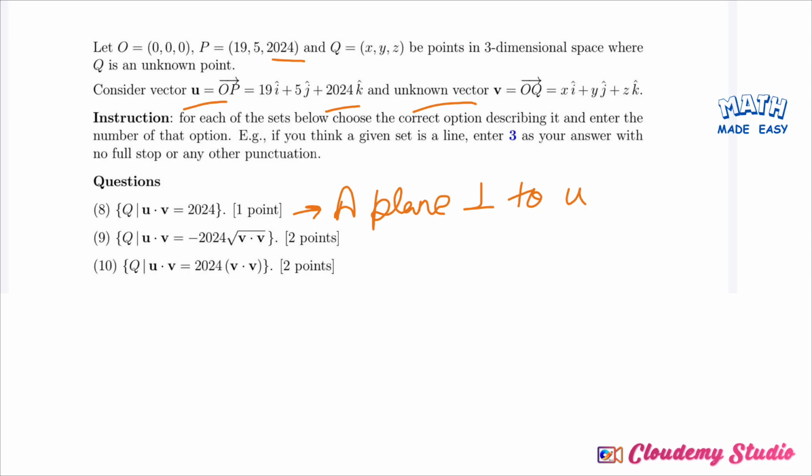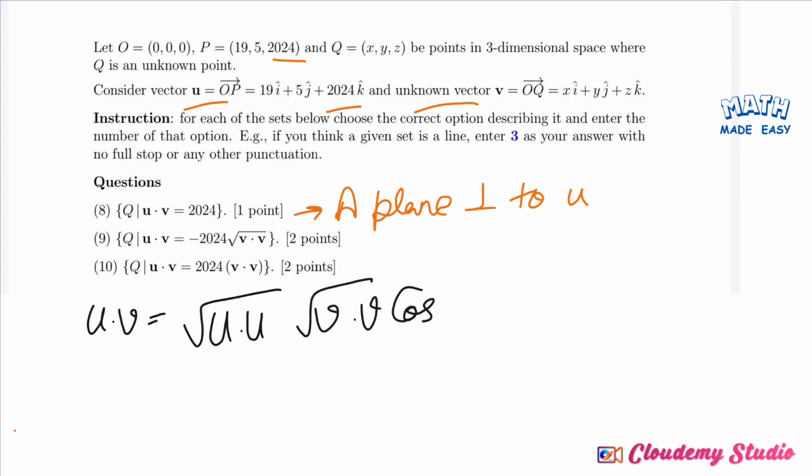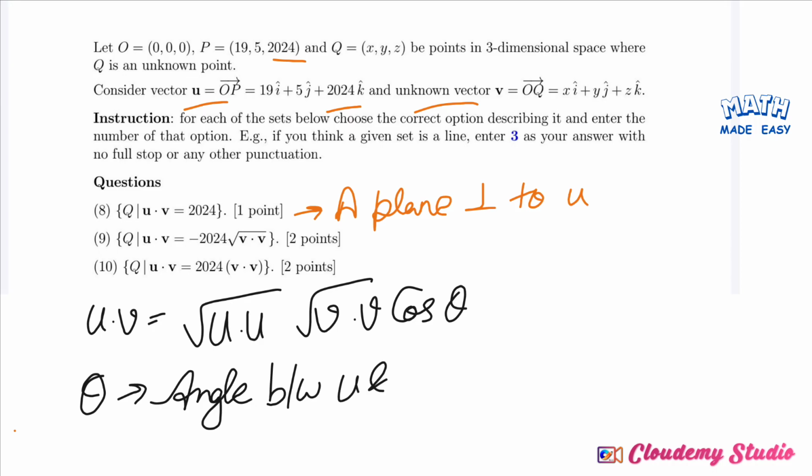Okay, so we can write u dot v is the magnitude of u times the magnitude of v times cos of theta, where theta is the angle between u and v, meaning between 0 degrees and 180 degrees.